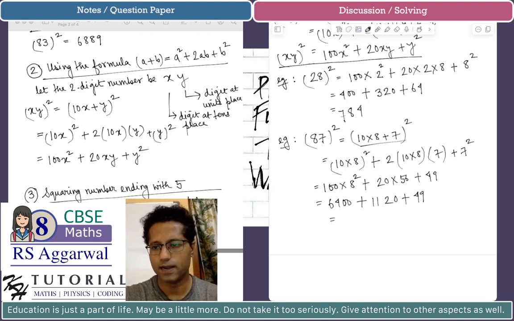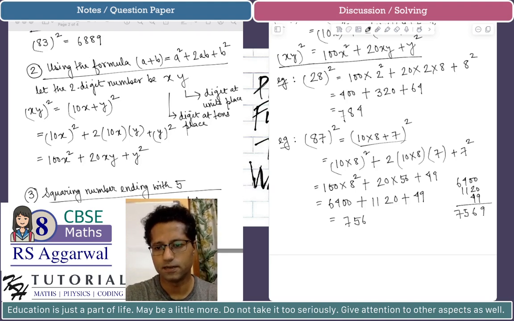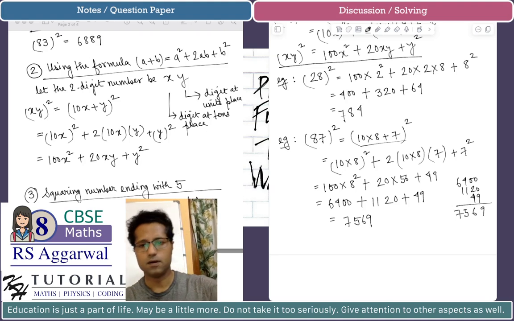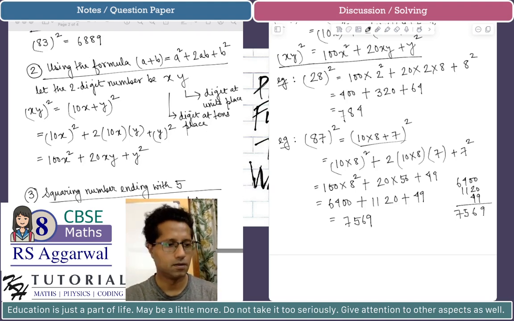So if you now add 6400, 1120 and 49, we have 7569. So 7569 is the value of squaring of 87. Let me quickly check if I did it correctly or not. 7569 is the correct answer.